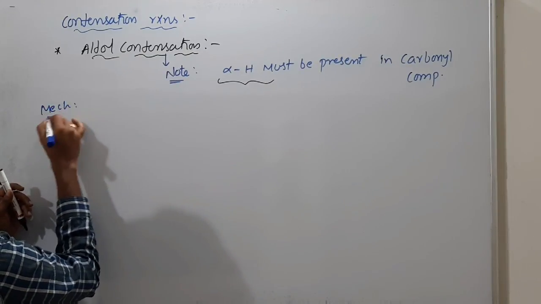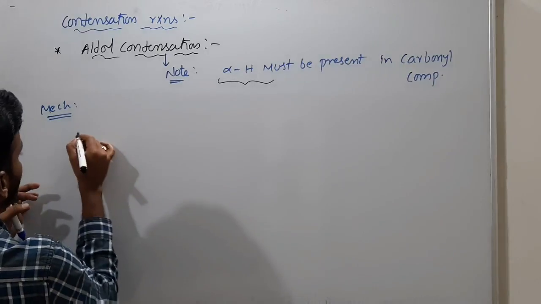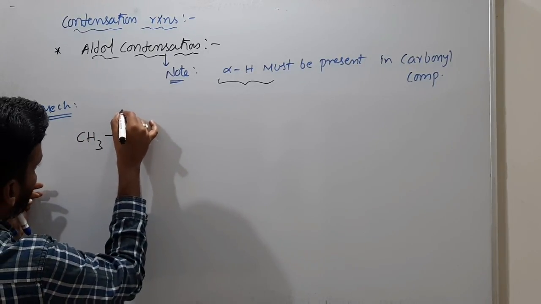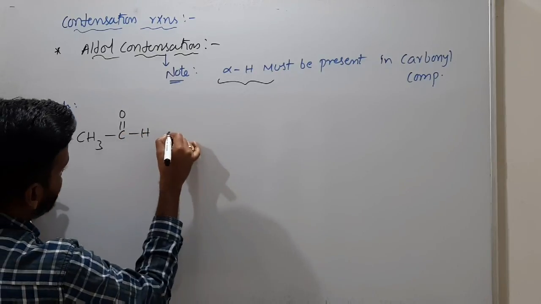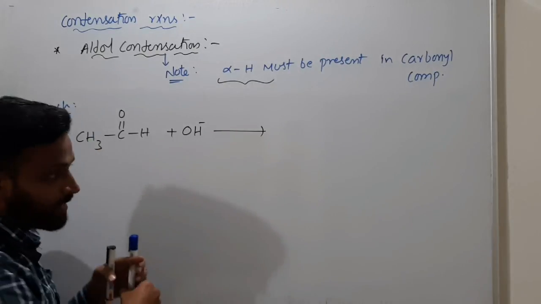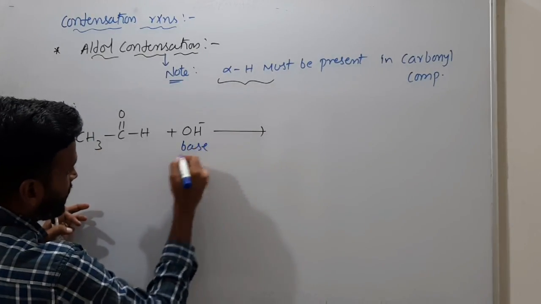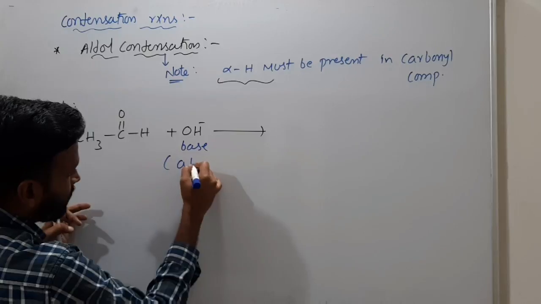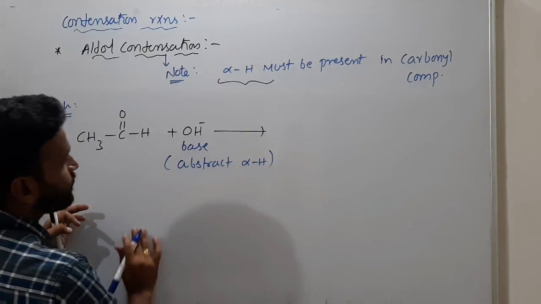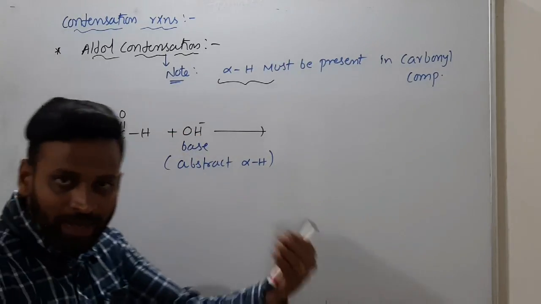Mechanism. So first CH3, C double bond O, H. We are using a base now, OH minus. What is the use of the base? Actually, a base abstracts a proton. The base abstracts an alpha hydrogen. A base has a tendency to accept a proton.